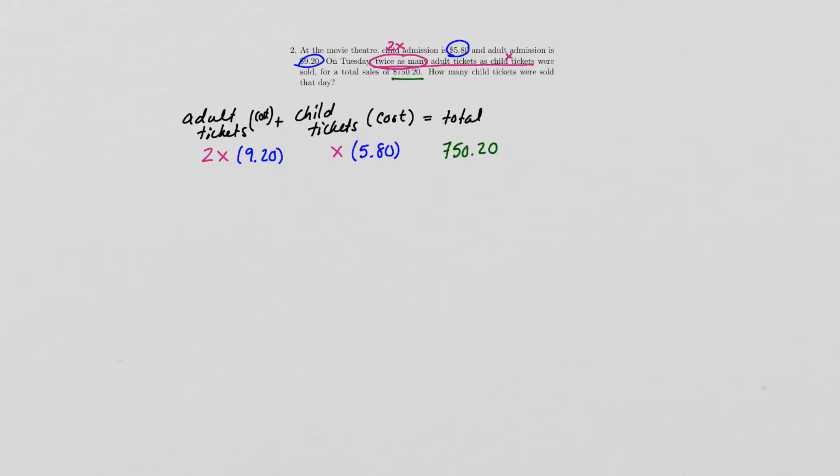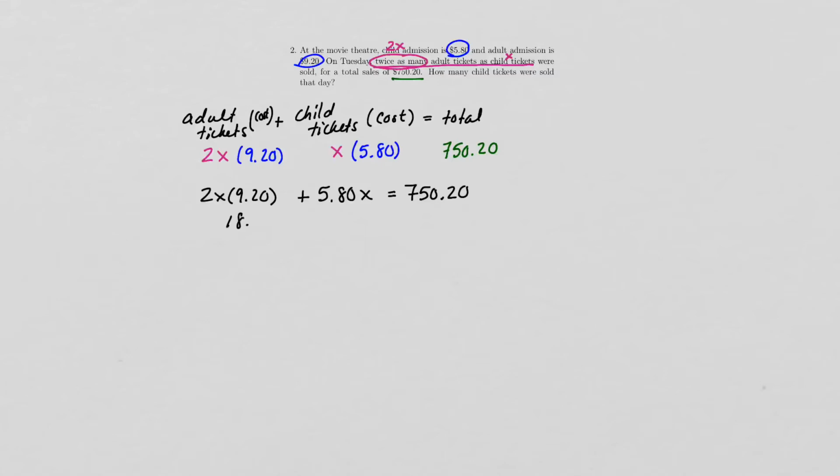So if I make an equation out of this, I have 2x times 9.20 plus, instead of writing x times 5.80, I'm going to write 5.80 times x. It's the exact same thing. Equals 750.20. The order that you multiply these in doesn't matter, so I'm going to multiply the 2 times the 9.20. 2 times 9.20 is 18.40.